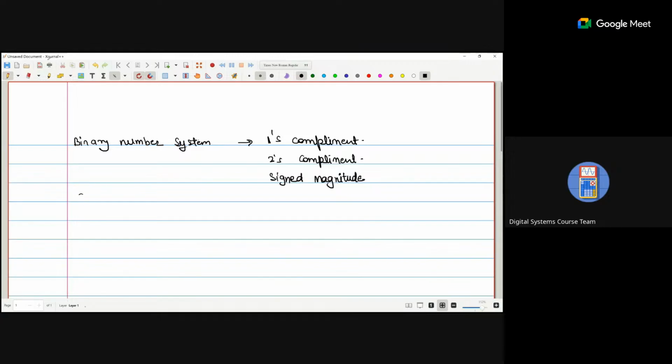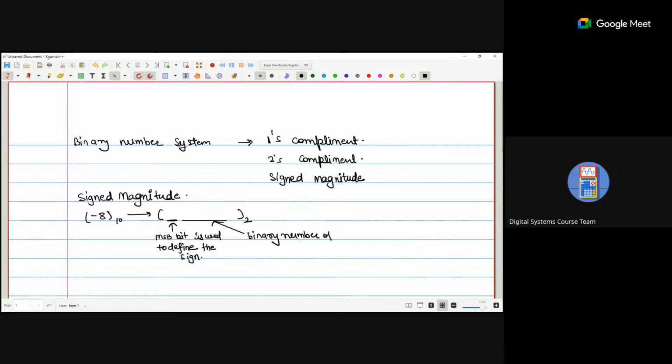Basically, first we start with the signed magnitude. For example, -8 in decimal, I have to represent in binary. In signed magnitude, the MSB is used to define the sign, and the remaining bits will be the binary number of 8.